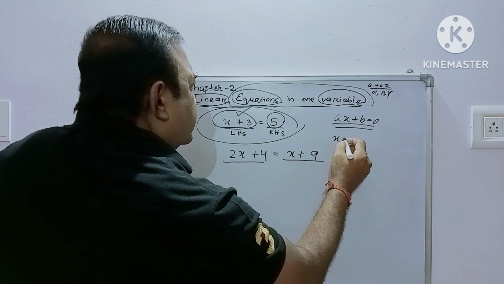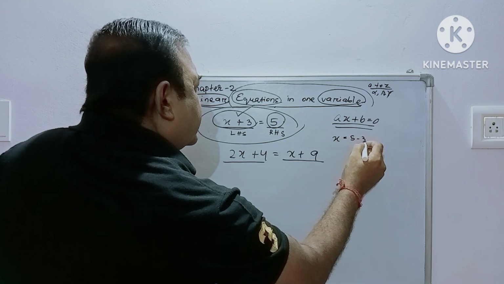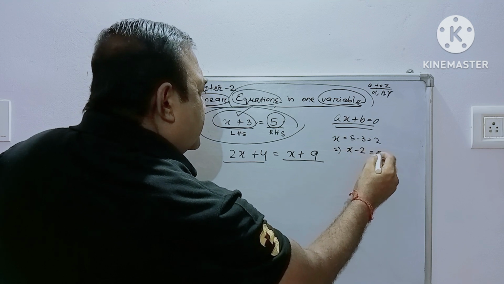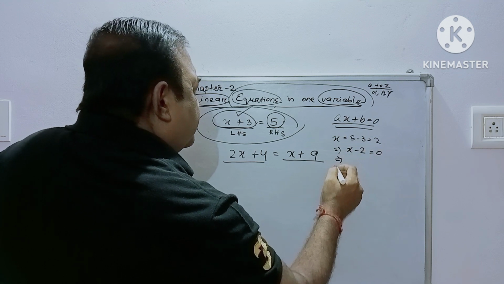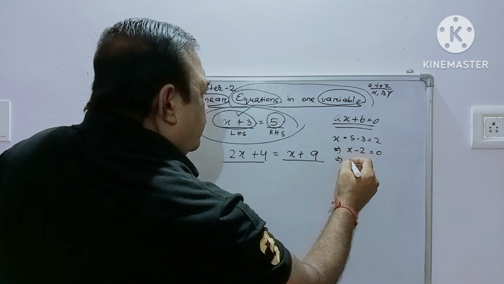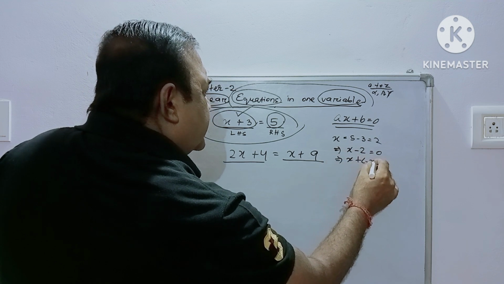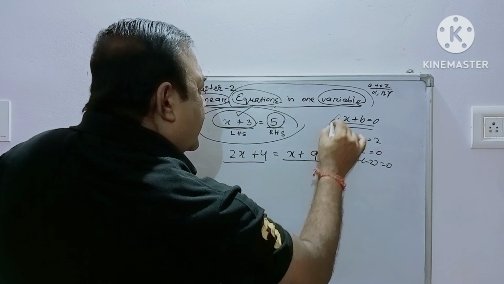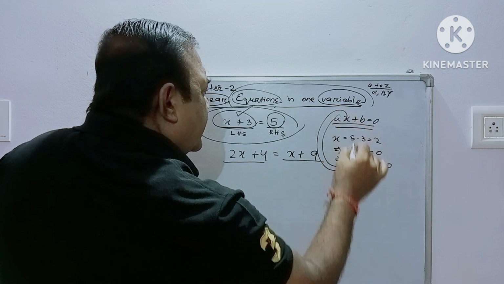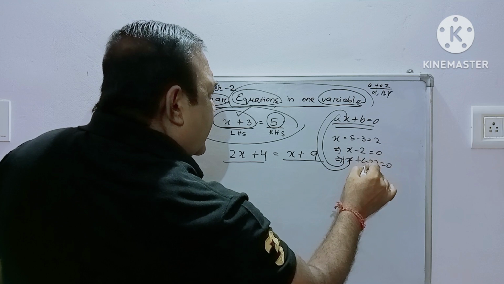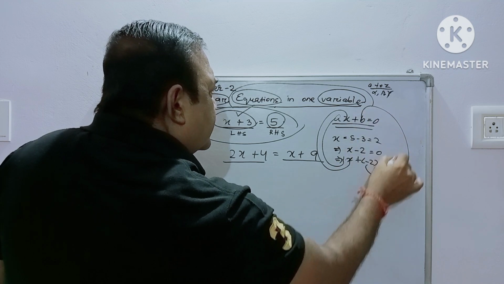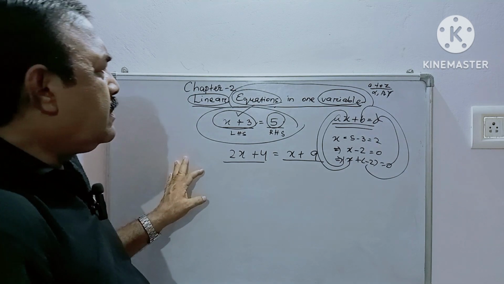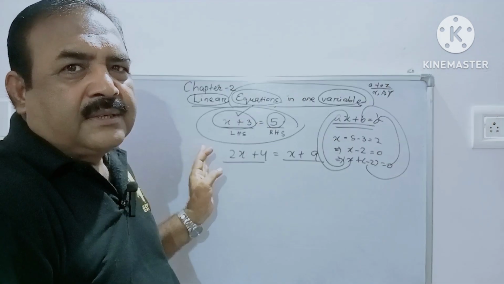This was x is equal to 5 minus 3, that is equal to 2. That implies x minus 2 is equal to 0. That implies x plus of minus 2 is equal to 0. So we could show like this. Here 1 is a, x is here, plus, and this is b, this is 0. So we could show it in the standard form. So this is all about, and we will go through the exercise. Okay?